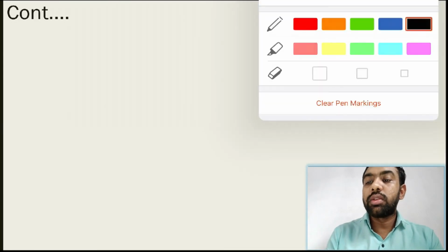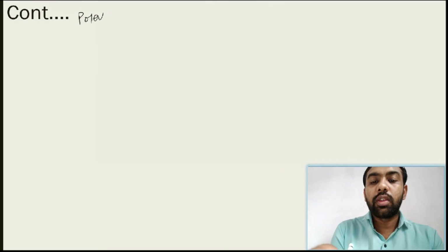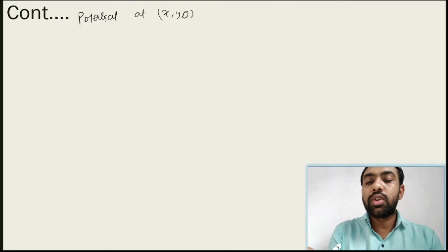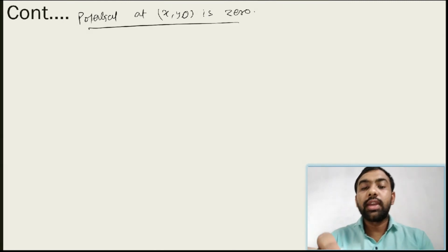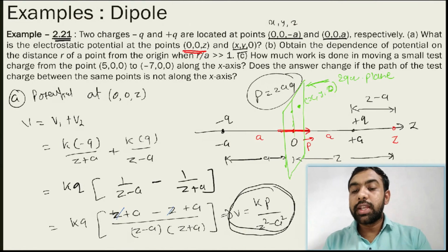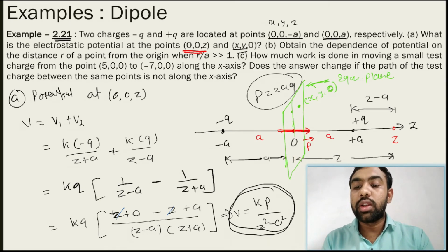So the second answer is the potential at xy0 is 0. Why? Because the dipole is placed on the z axis and this xy plane is what, for the z axis? Perpendicular plane. And perpendicular plane means equatorial plane here.